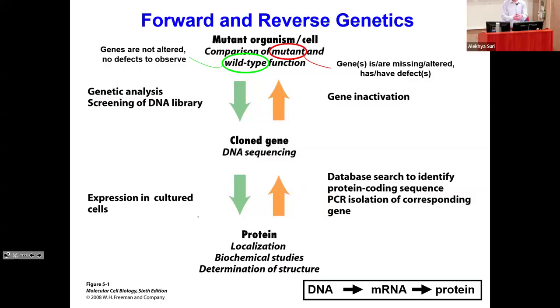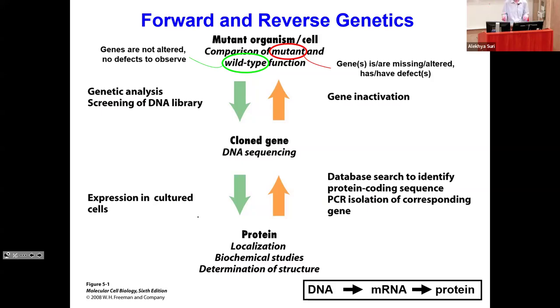Once you have a piece of DNA fragment that can complement the mutant phenotype, this means, for example, a mutant phenotype could be a stress response, being sensitive to heat.